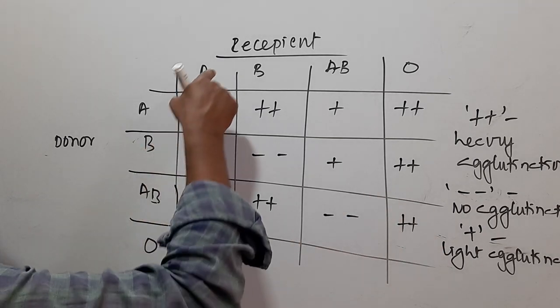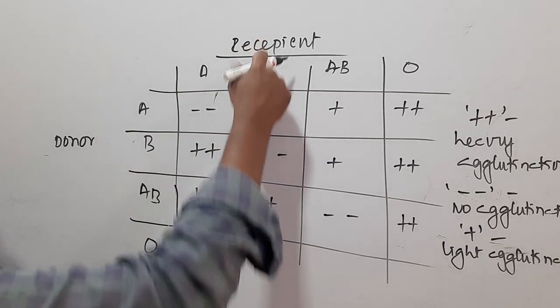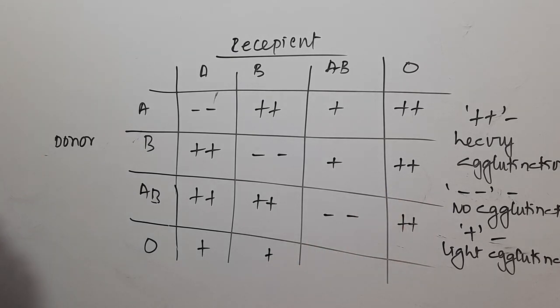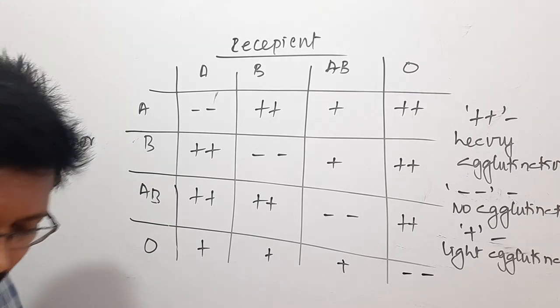Then O to A, light agglutination. O to B, in case of light agglutination, the person can donate the blood, no problem, the recipient can take the blood. Then O to AB, also light agglutination. And O to O, no agglutination.